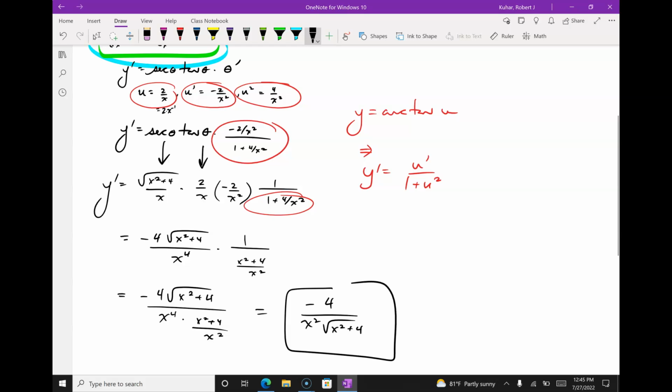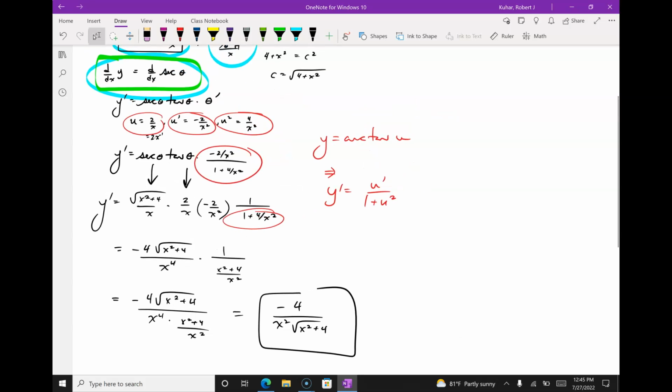Are you bringing down the negative 2 right here? Yeah, exactly. This is a numerator, this is a denominator. I'm kind of doing keep, change, flip there. Keep the numerator, so it's negative 2 over x squared.